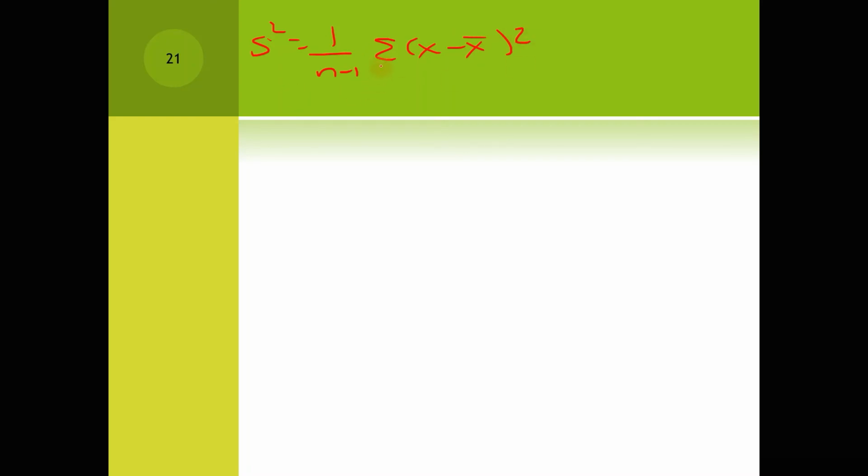You may use this formula on your data 2, 4, and 6 that we just used. You may use the formula directly, but you can also use an alternative version of this formula. Instead of using 1 upon n minus 1 sum of x minus x bar to the squared, you may wish to use this one: sum of x squared minus n x bar squared over n minus 1.